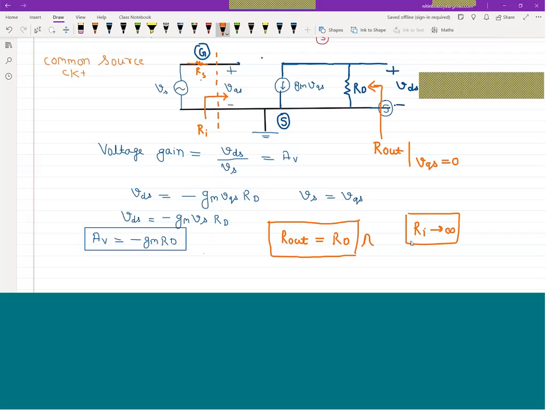In this case there is no loading effect. Vs is equivalent to VGS in the circuit. So this is the whole idea for the circuit, and we can calculate all the parameters by using this circuit. Let's take a few more examples based on this small signal analysis.